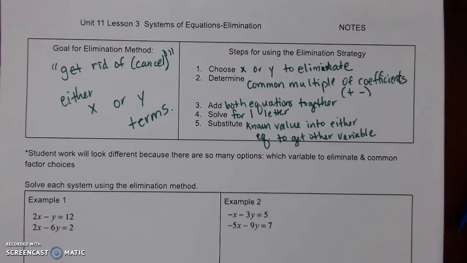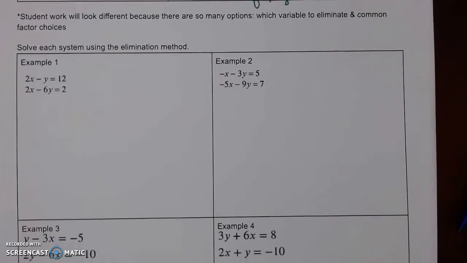The student work will look different because there's lots of options for the common multiple and which variable you eliminate. But let's look at our first example.